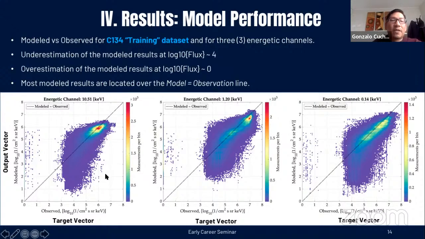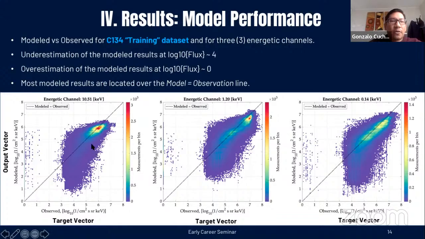What I'm expecting is that most of my points will be located around this line, which is the model-equals-observed line, which indicates, let's say, perfection in the prediction. However, that is usually not possible in this kind of regression model, but we expect to have most of these points here. And that's what we have. The red section indicates that many of them are located along this line. Also, the yellow color indicates that.